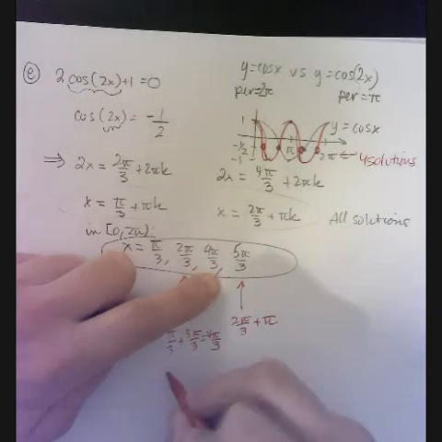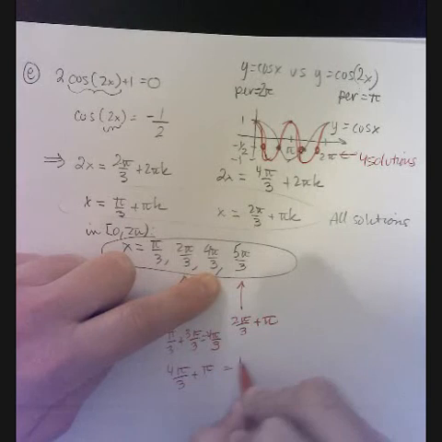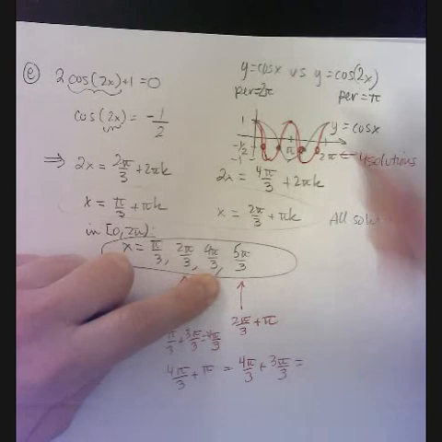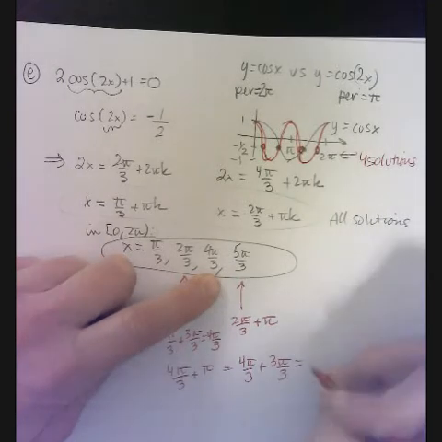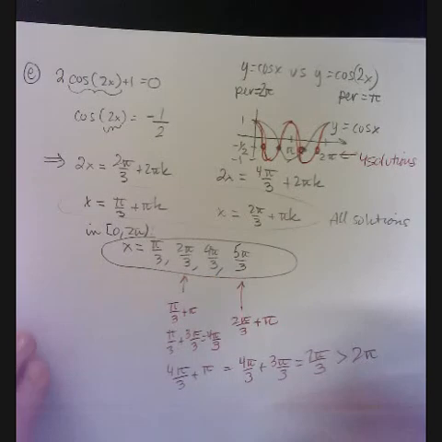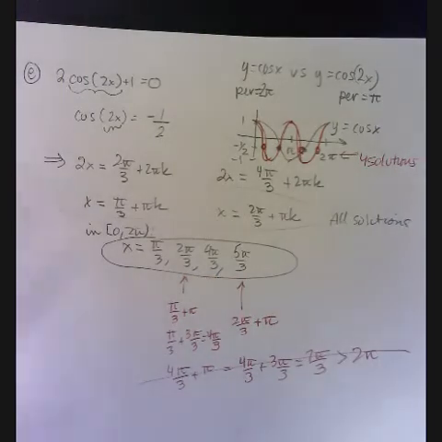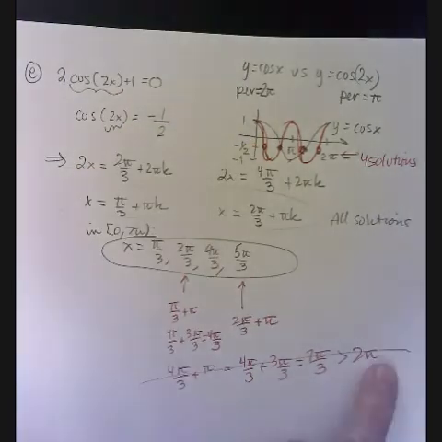If you add pi to that again, I knew we only needed the 4 solutions because of the graph, but say I didn't know that. So what you would do is you keep adding the period until you get outside of 2 pi, right? So that you don't want to include that in your solution set because it's bigger than 2 pi.